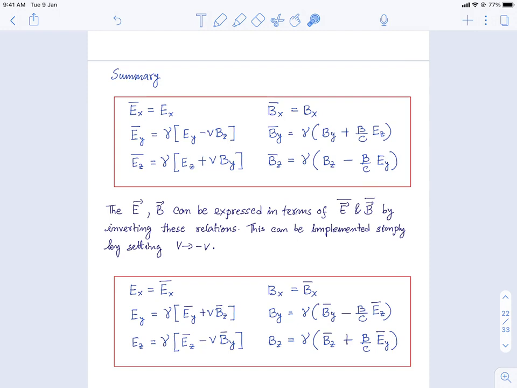In the other case, where you sit on top of the wire, the magnet is coming towards you. That's a change of magnetic field that gives rise to an electric field, and that is what gives rise to the same EMF. Essentially, behind this, if you do it more carefully, these are the transformations that lead to this: the electric field in one frame can become a combination of electric and magnetic fields in the other frame.